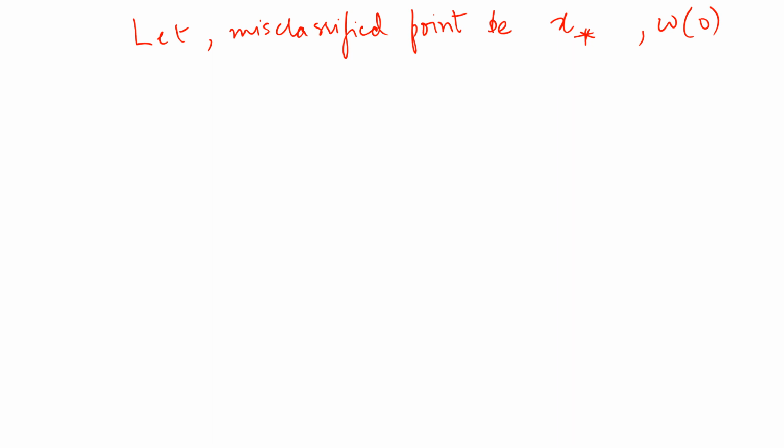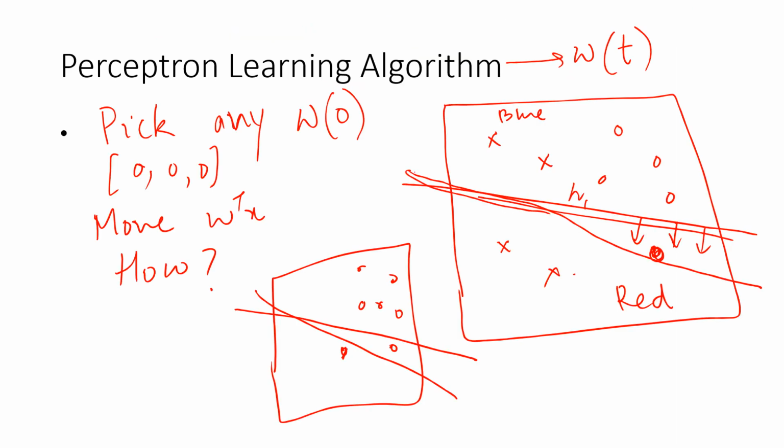Now, because this point is misclassified, the sign of the dot product of my W0 dot X star, let's say, is greater than 0, which means that, if you remember, these are my +1 and -1 regions. That's what I'm calling them, because this is a classification problem, just so that we are clear on this, right?